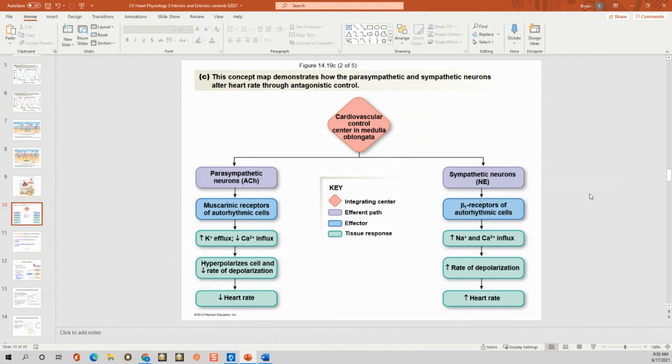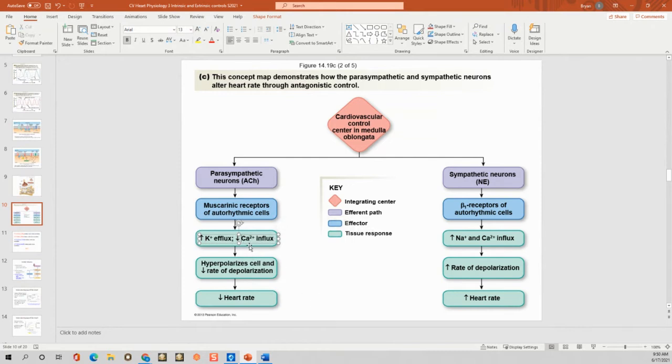And if you want to skip a few steps, this flowchart's great for it. Ultimately, muscarinic receptors are going to affect the funny channel, but they're also affecting the T-type calcium channel and this transient potassium channel. So we open up the transient potassium leak channel and we close down the funny.